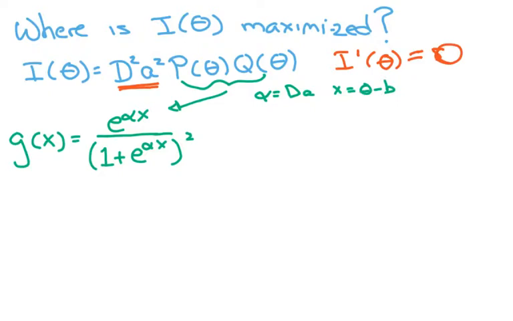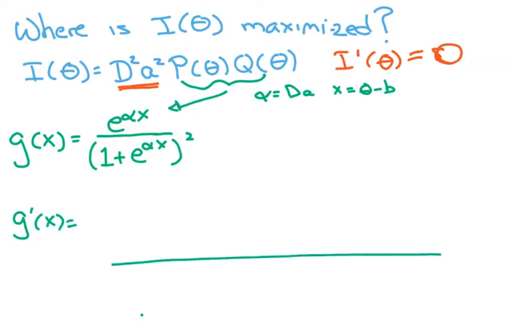So find the derivative of g. So g prime, over 1 plus e to the alpha x to the 4th power now. And again, this is just calculus, it's the quotient rule.